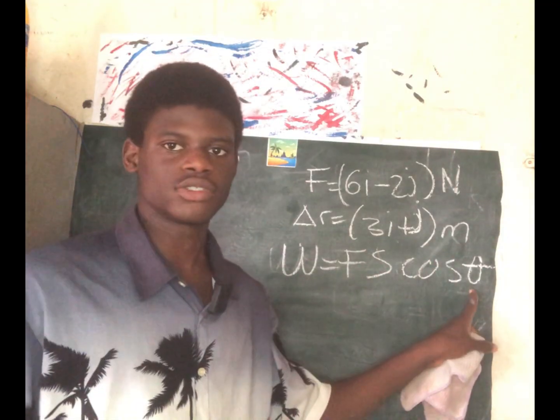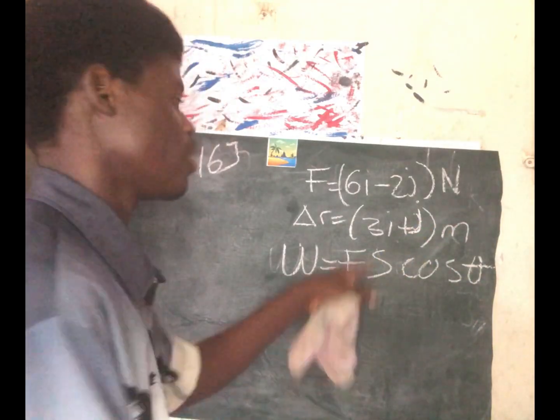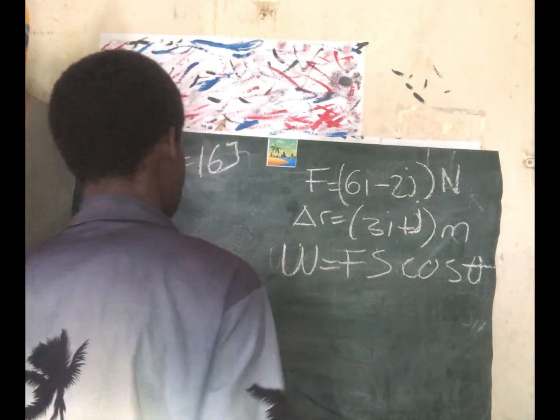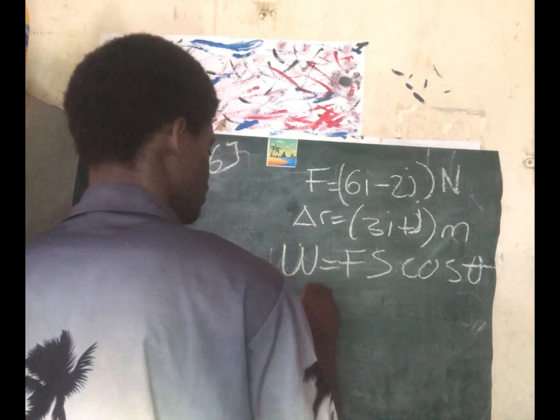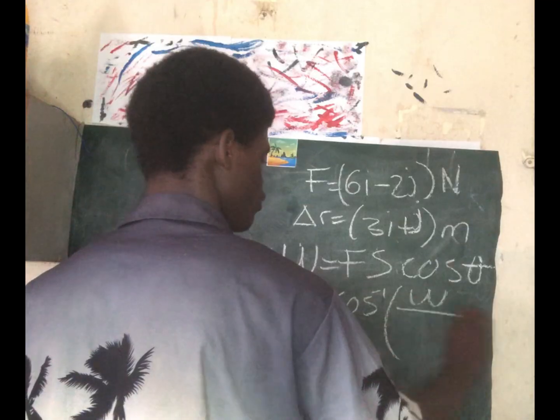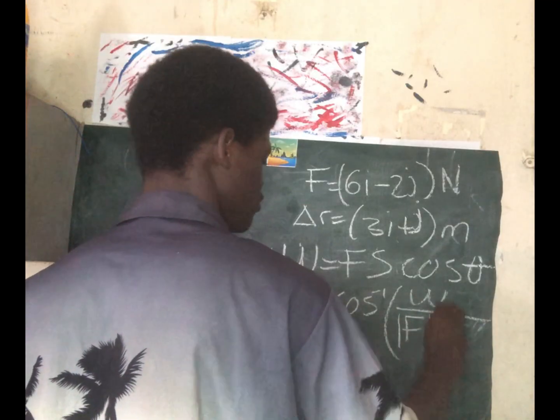So this is the angle between F and S, or F and change in r. Still the same thing. So what do we do? Let's just write it like this: cos inverse of W over magnitude of F times magnitude of S.